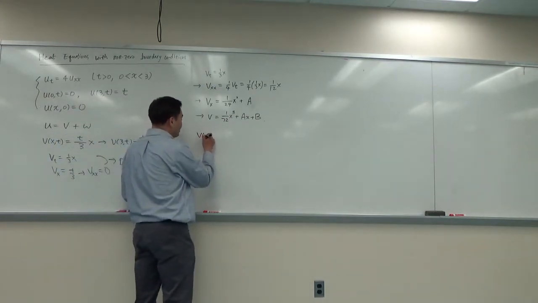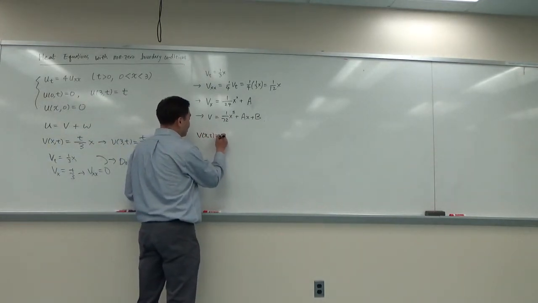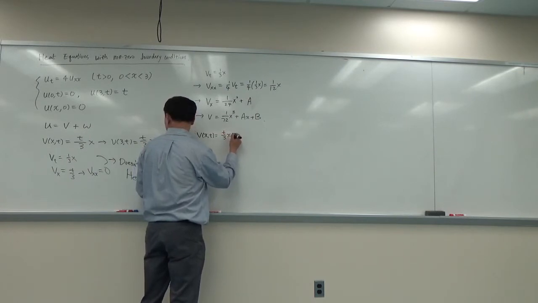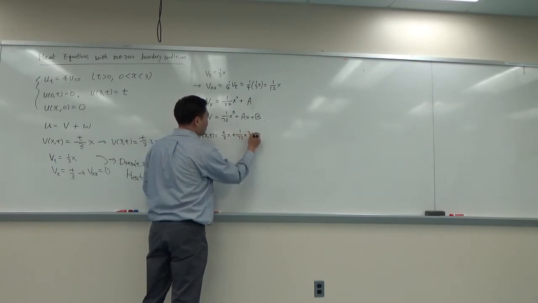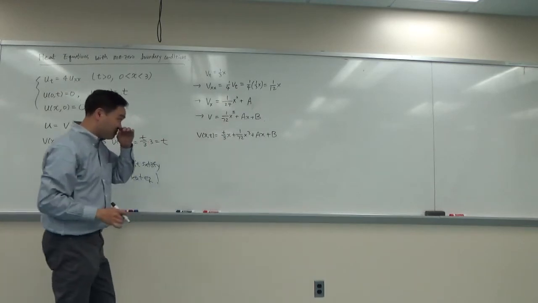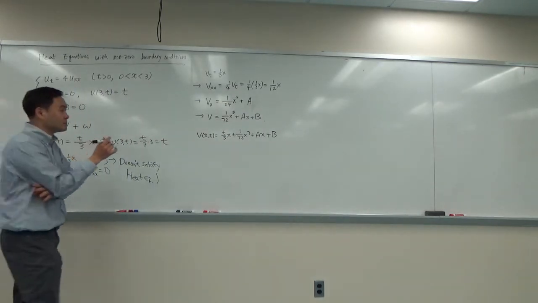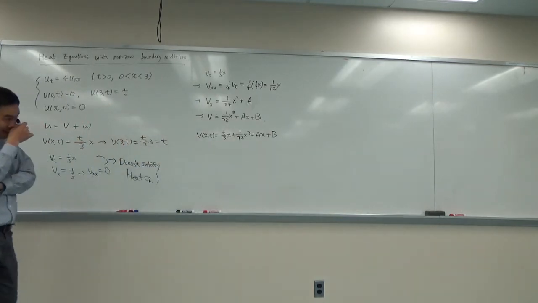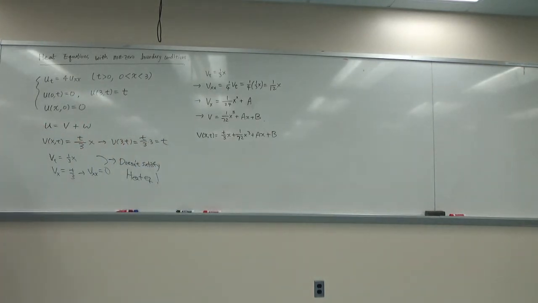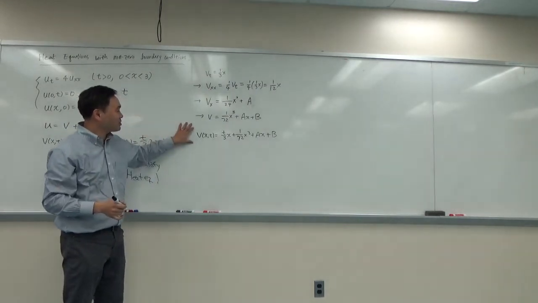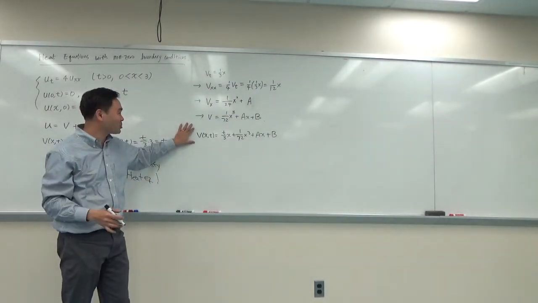I want v of x, t to be t over 3 x plus 1/72 x cubed plus ax plus b, with some constants a and b. Okay. I find this quite fun, but I guess I'm torturing you guys.